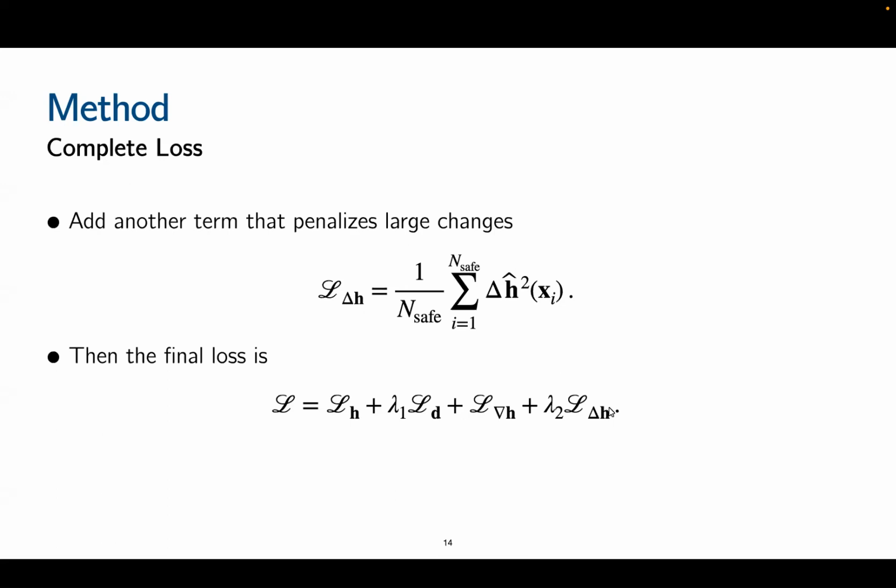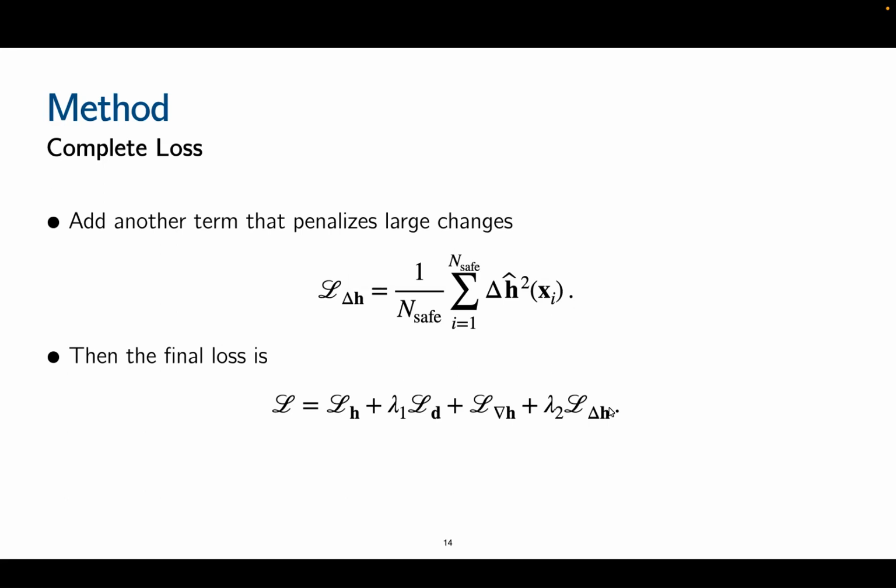And in our case, there is much more safe data than unsafe data. Thus, we need to also ensure that the learned CBF does not simply output a positive value for any state. This can be achieved by regulating the change introduced by delta H hat. The logic behind this choice is that for unsafe states, the handcrafted CBF already gives them a negative value.